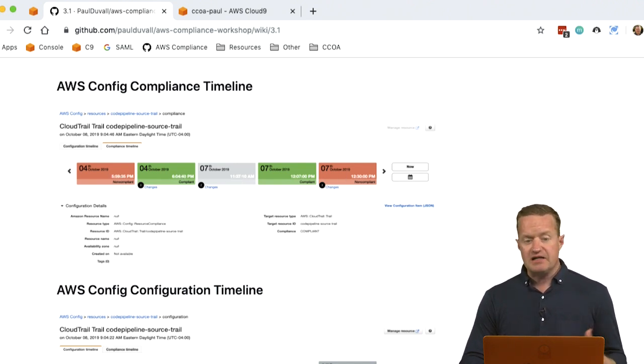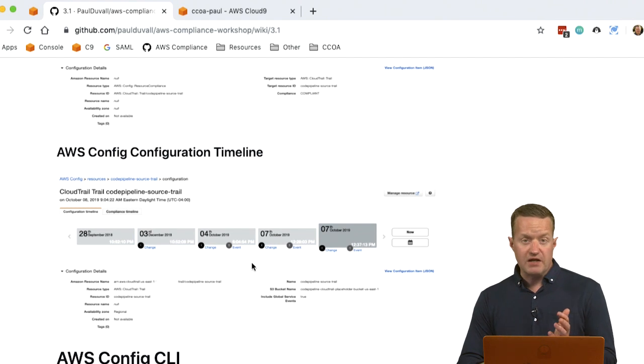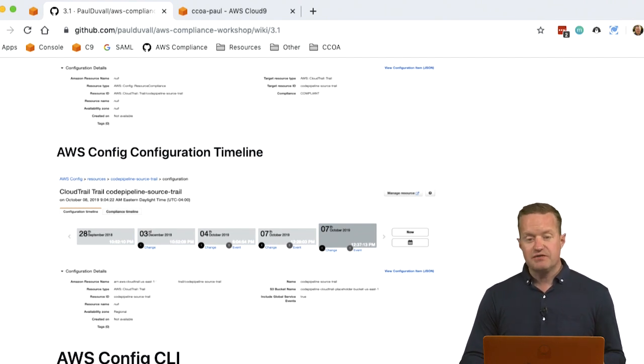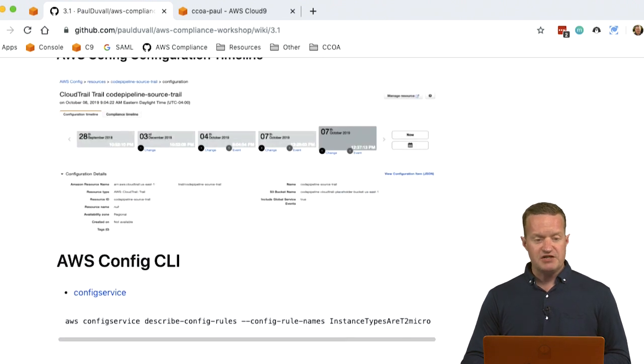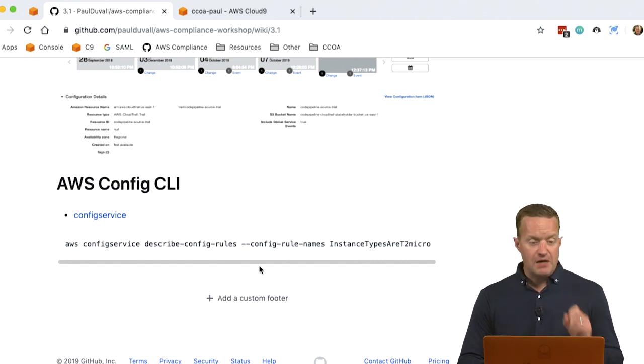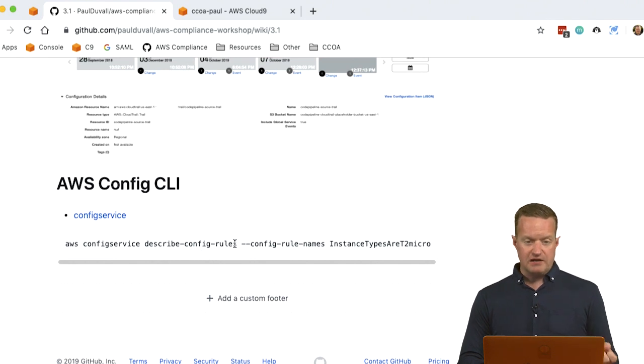And you can kind of see what occurred, what the other related resources were that were changed in relation to that particular configuration change. And of course, you can get access to all this through the CLI, so you can use the Config service option through the AWS CLI.